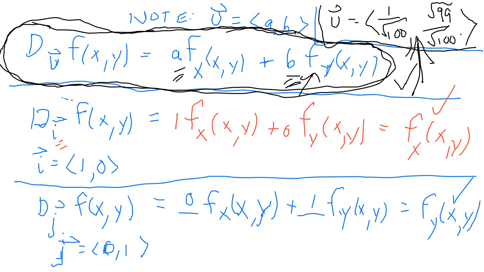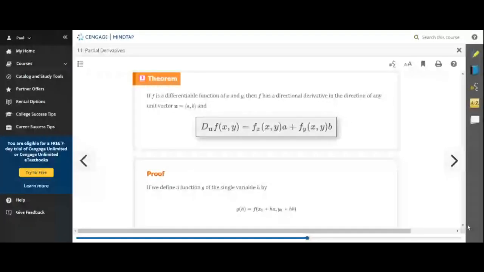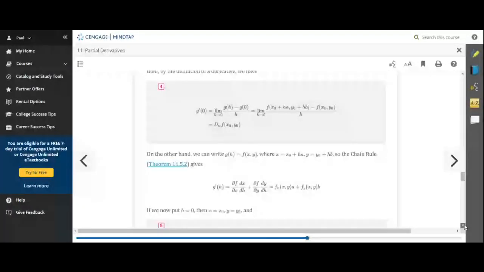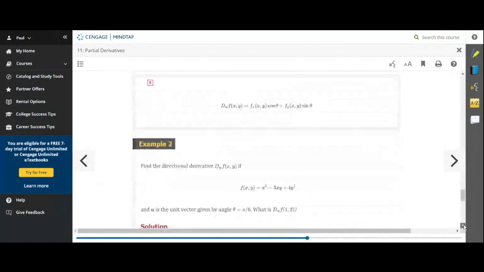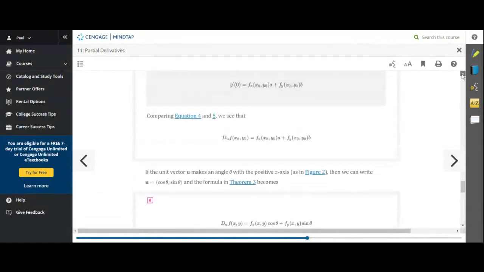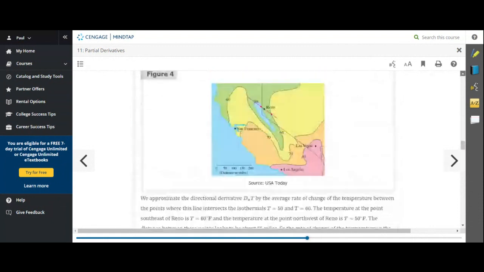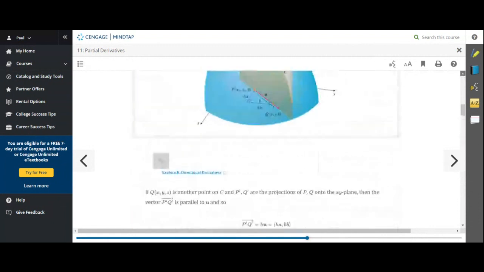All right, then let's go back to the book. One moment, I have to get the tab back. Let me just mention this here.